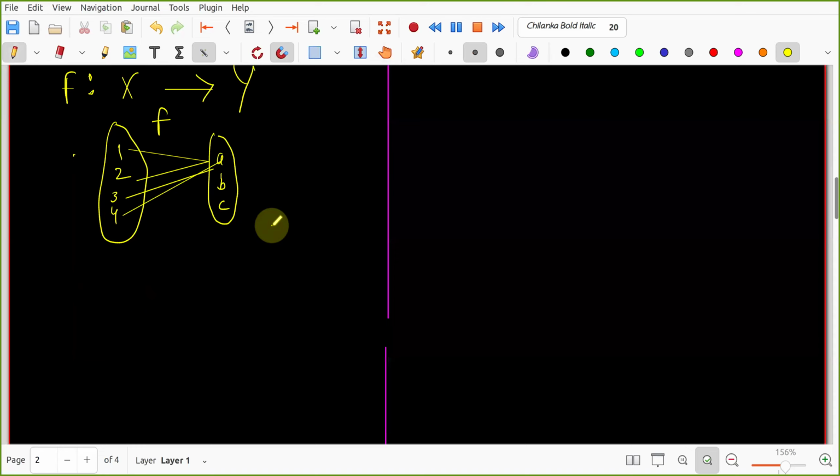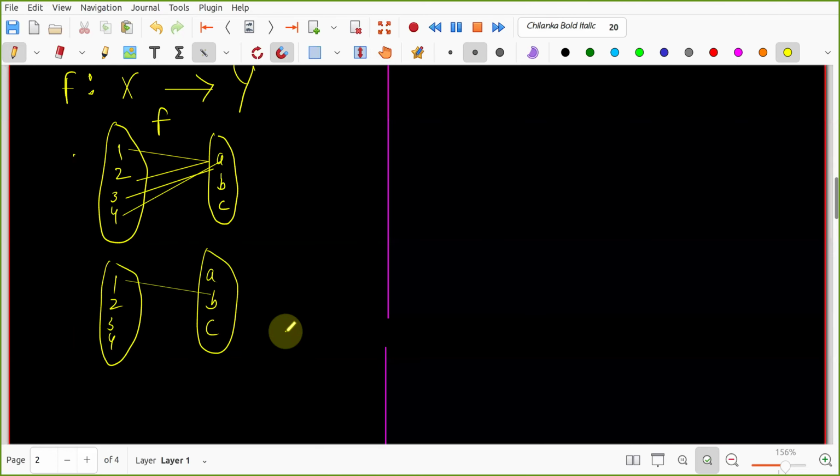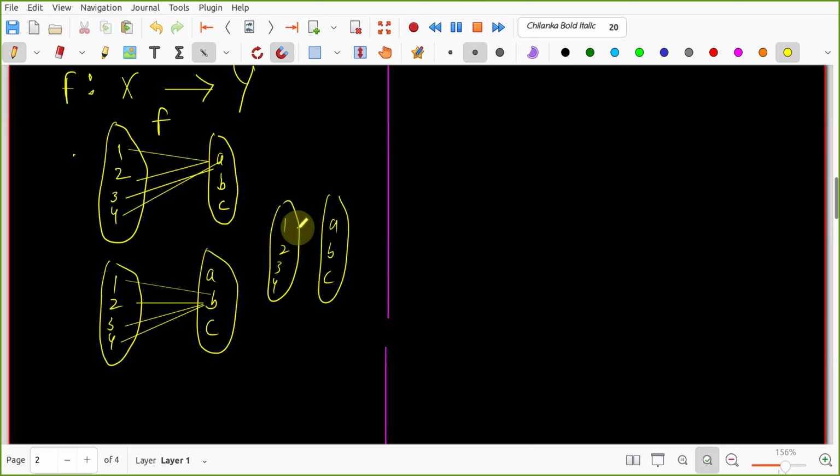We need to give one constant function, right? Can anybody give me one? Jayesh? Yes, sir. A constant function would be f of x equal to b, where x belongs to 1, 2, 3, 4. Okay, you are all mapping to B only. Good. I hope all of you are clear what a constant function is.